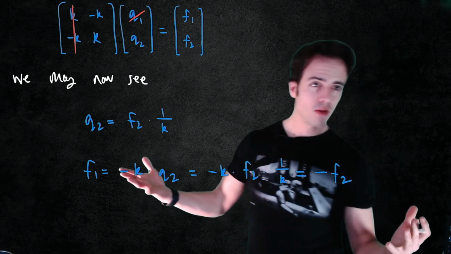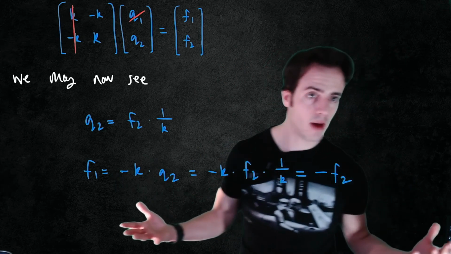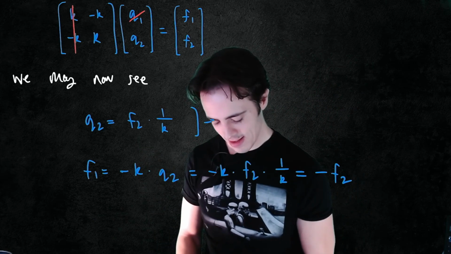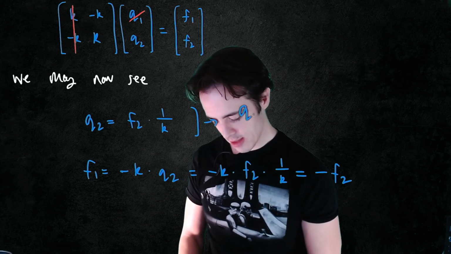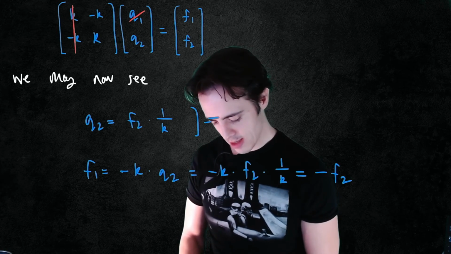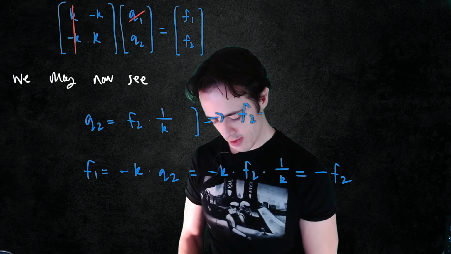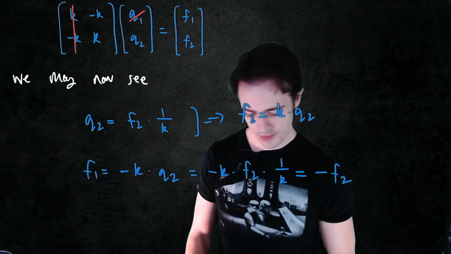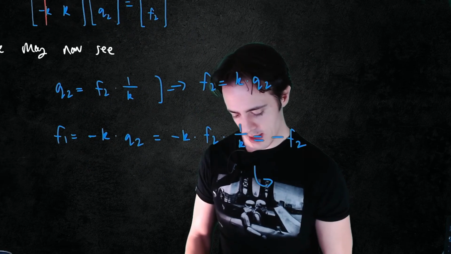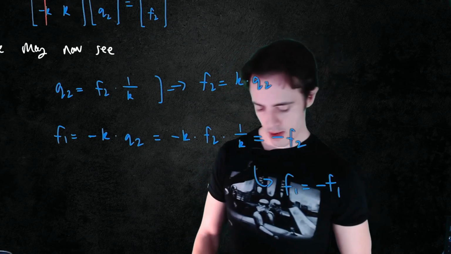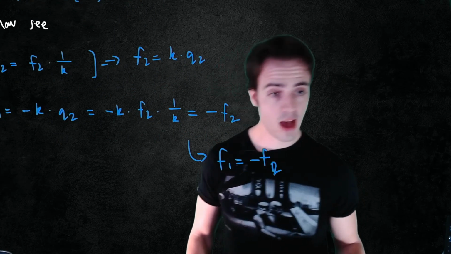So we've just produced a matrix method to say that F2 is equal to K multiplied by Q2, and down here F1 is equal to minus F2.